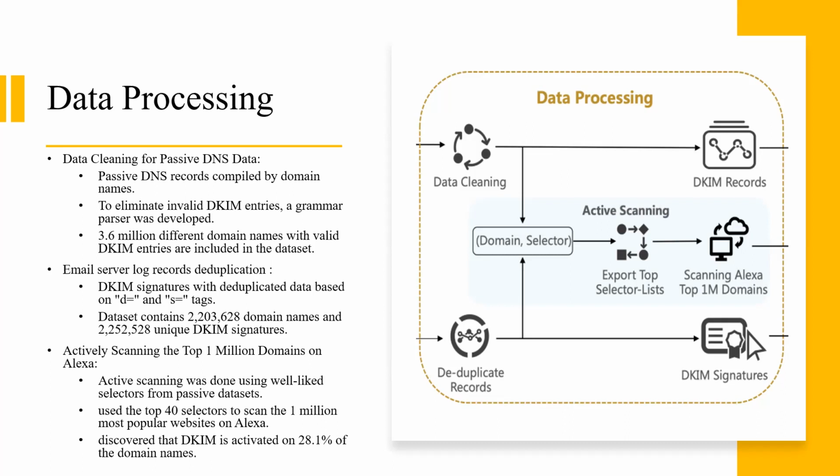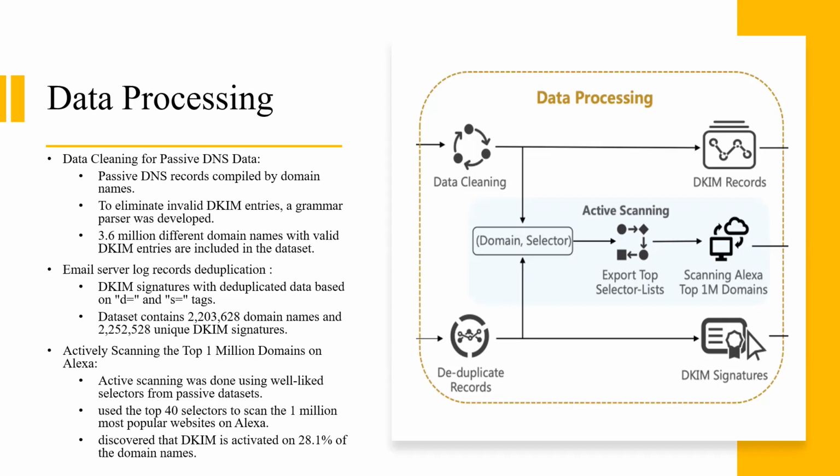The data from data collection is cleaned, and the data from email log servers is also segregated according to deduplicated records. Moving on to the further step, they processed for active scanning and scanned according to Alexa's top 1 million domains, and these can be segregated according to the records and the signatures.